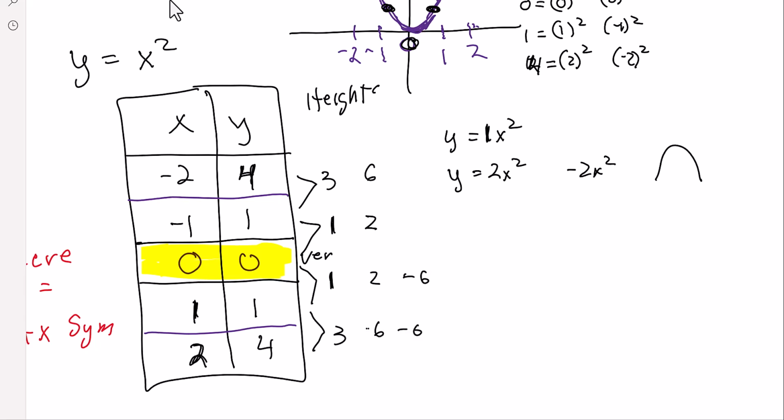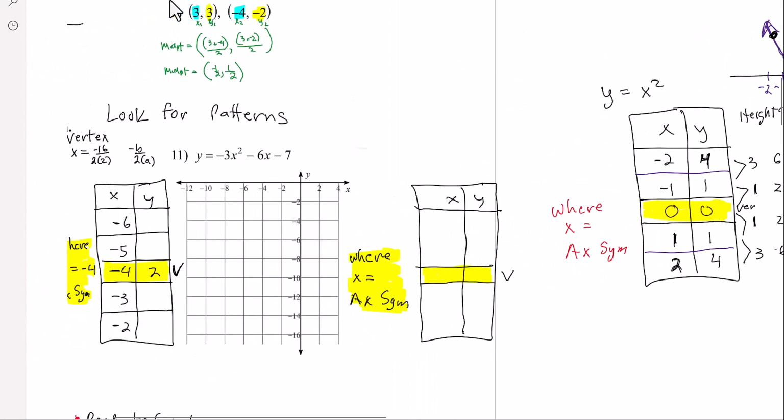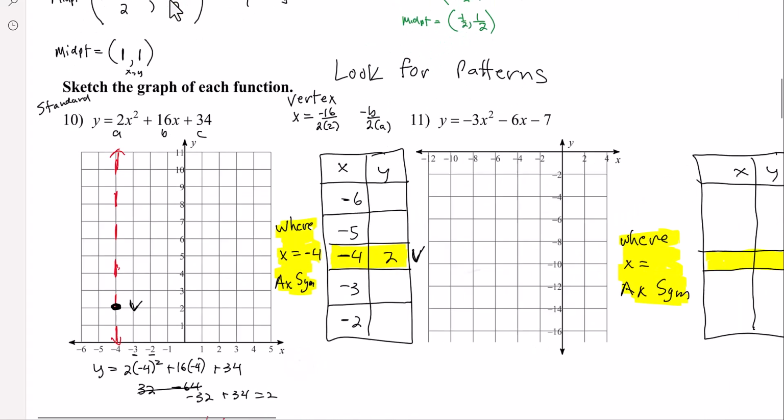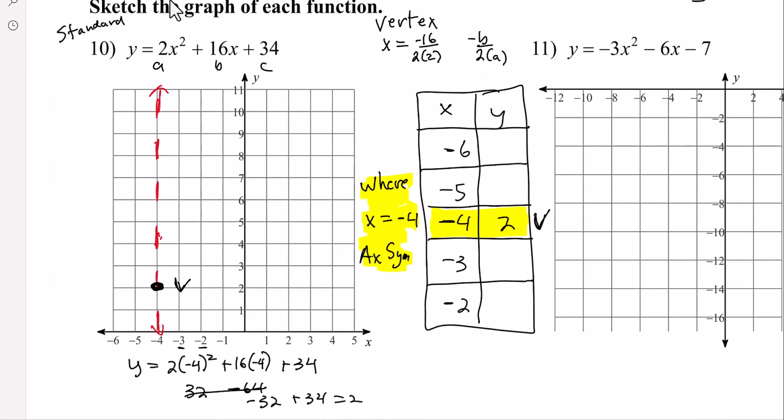We would go down. So I show you that for a reason, because once you know the vertex, you can kind of treat it like slope, not really, but it tells us how far you go down and over to get to the next point.